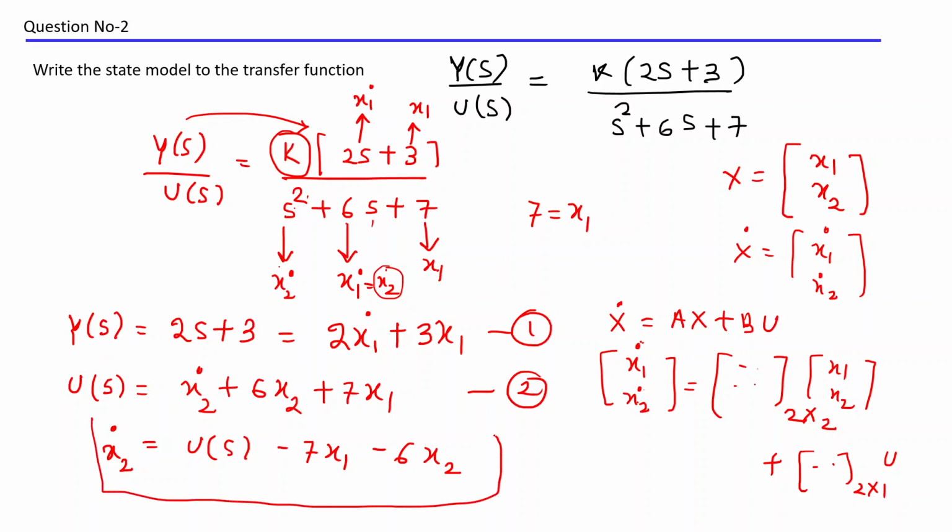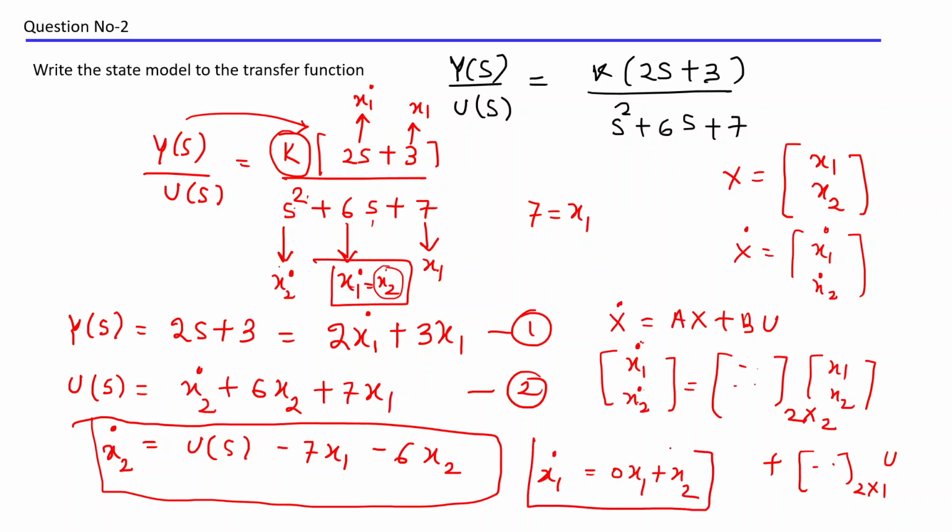So x2 star you got. Then you only require x1 star. What is x1 star? x1 star equal to x2. It means only the x2 term is there, so you can write 0x1 plus x2. That's it. As you know these two equations, you can write the A matrix.